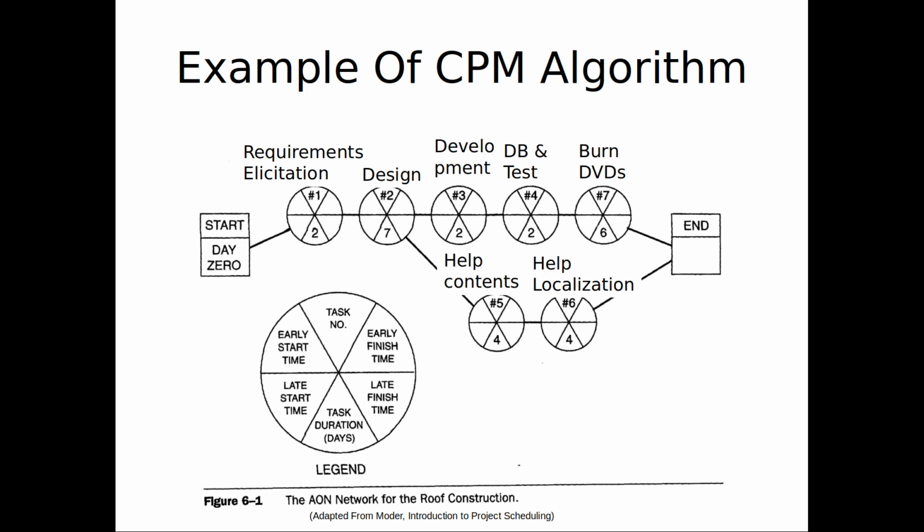Now, this is not a purely sequential graph, because we have a branch off at 7, and this one down here, what's the number? Number 5, and it takes 4 days. There's another one here, I think, and it's what? 6 and 4.